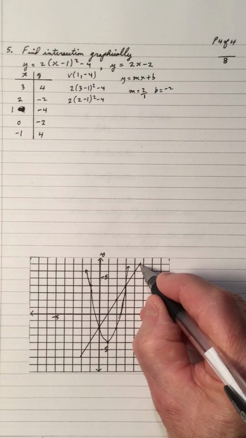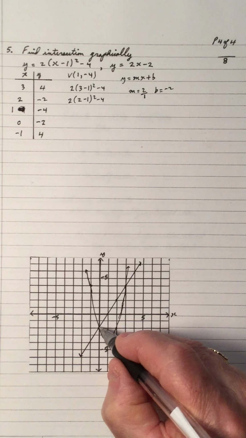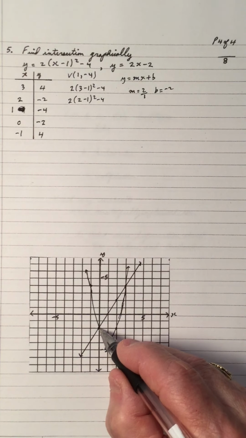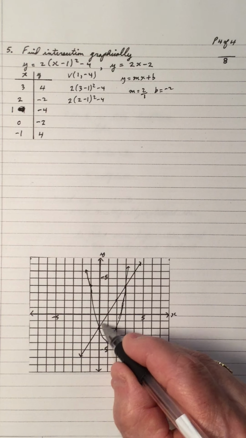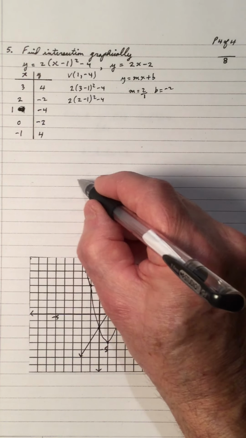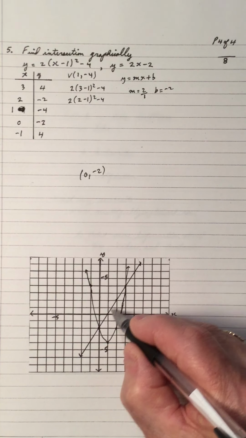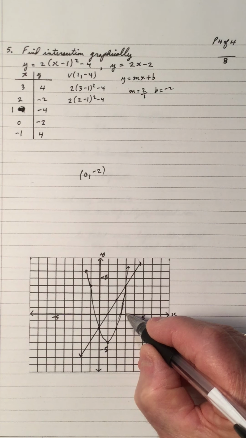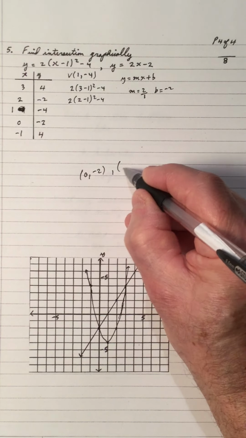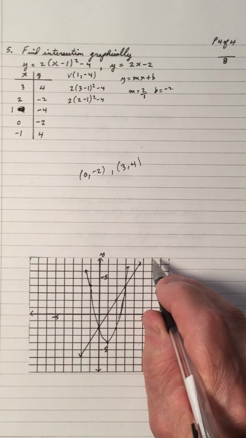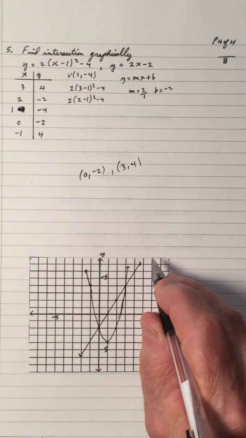And notice that the line intersects the parabola at this point. So that point is x is 0, y is negative 2. And this point here, x is 3, y is 4. And those are the 2 points where the line intersects the parabola.